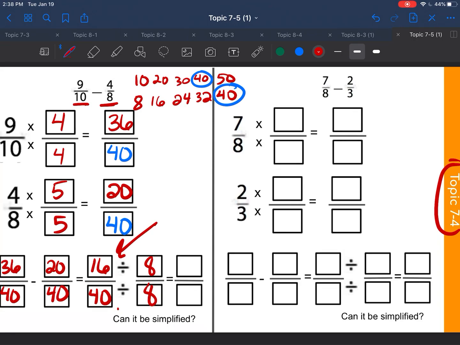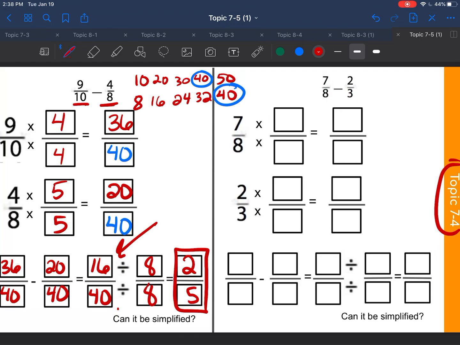Okay, we have 16 divided by 8 is 2. 40 divided by 8 is 5. So our actual answer will be 2/5. All right. So that is an example of a fraction that really has to be simplified. So let's look at the next one.